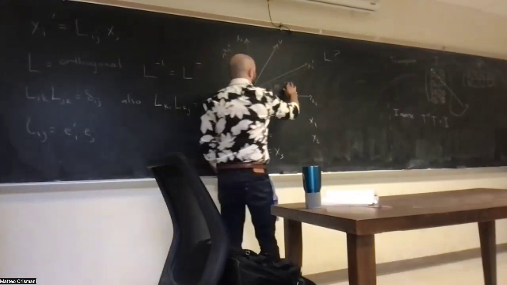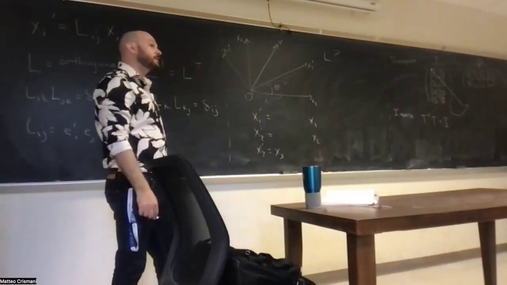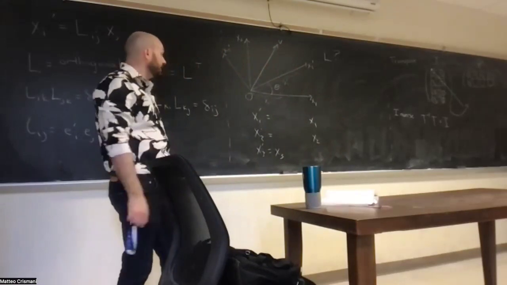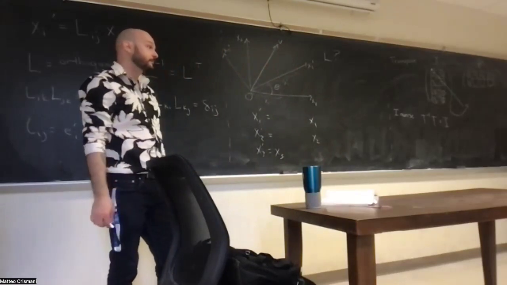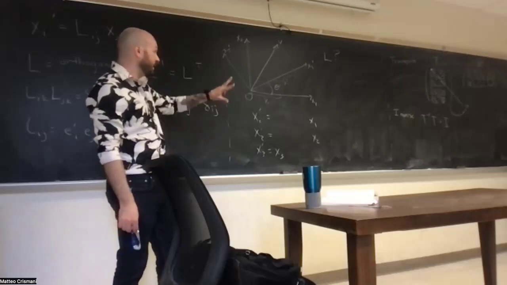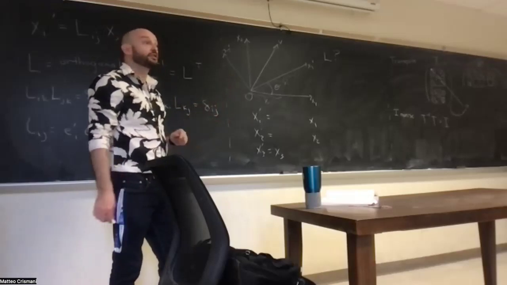Sorry, this would be the x1 prime component. Notice that the x1 prime component is not only in x1. It's also in x2, right? Depending on how much you rotate that coordinate system, you're going to end up with a combination of both.